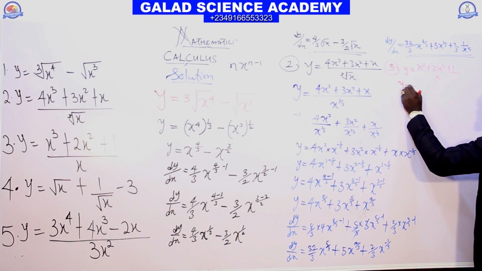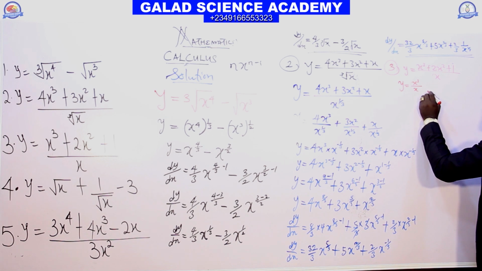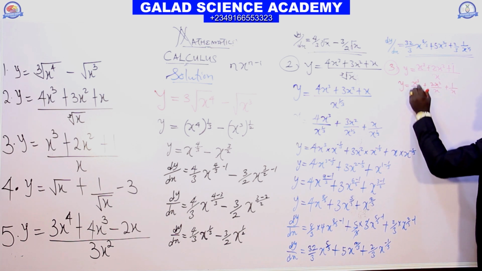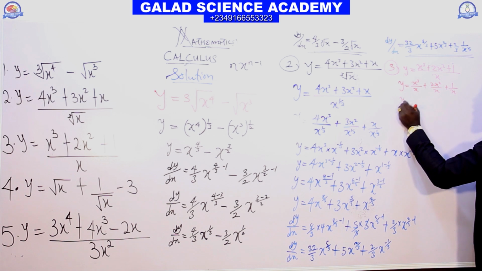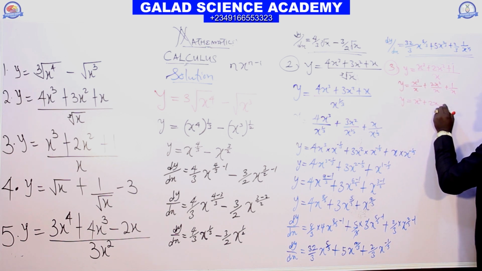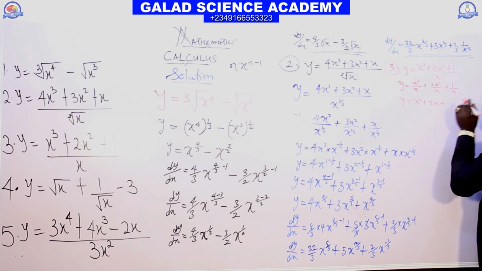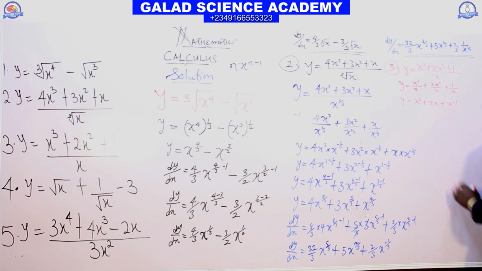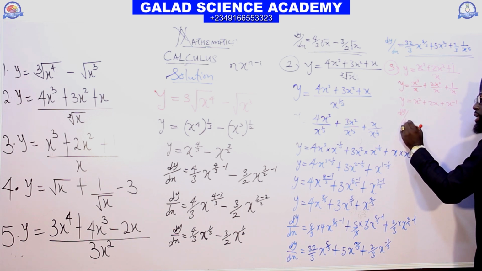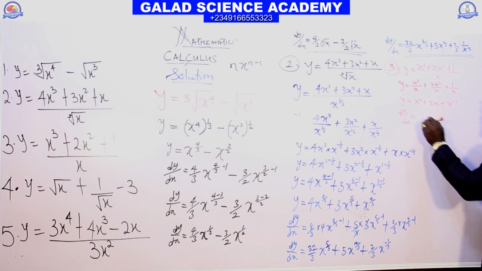You have y should be x cubed over x plus 2x squared over x plus 1 over x. So this cancels out here. You have y equal to x squared, here we have 2x, here we have plus x raised to the power minus 1. Then you now differentiate.